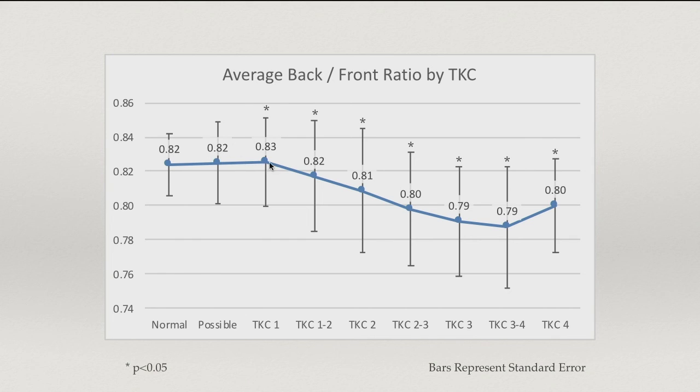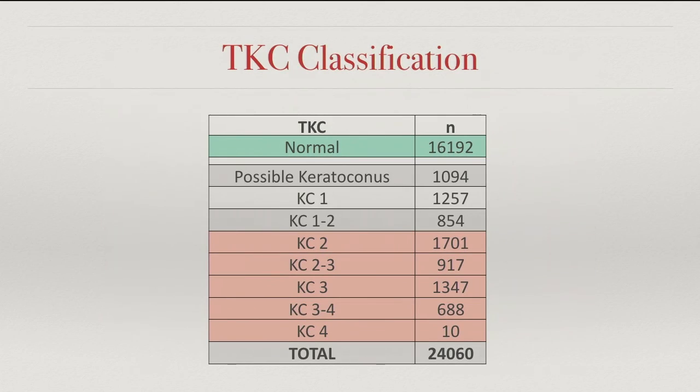As we go to more advanced keratoconus, this ratio goes down, exactly as expected. Notice that for TKC grade 4 we had only 10 patients, but even though the number is smaller, it is statistically significant.